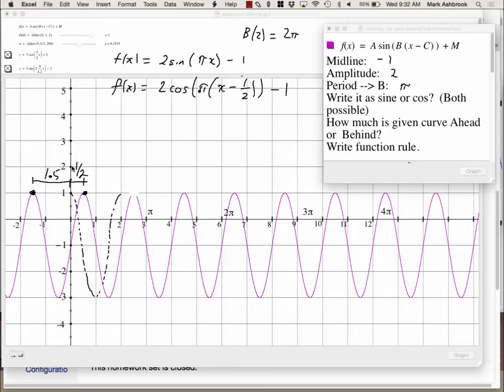So if you wanted, you could have also done x plus 1.5 by looking at that earlier cycle, right? That earlier cycle is 1.5 ahead of the unshifted cosine that I sketched here. So you can do x minus 1/2 or x plus 1.5, and both of those would give you the same purple graph there.